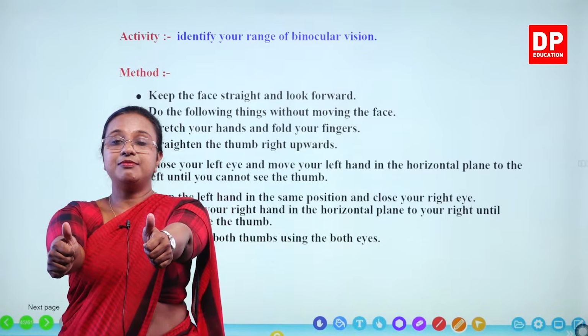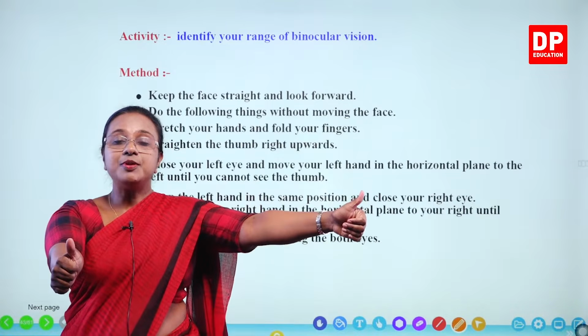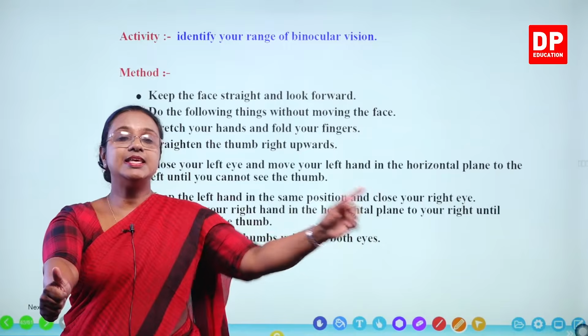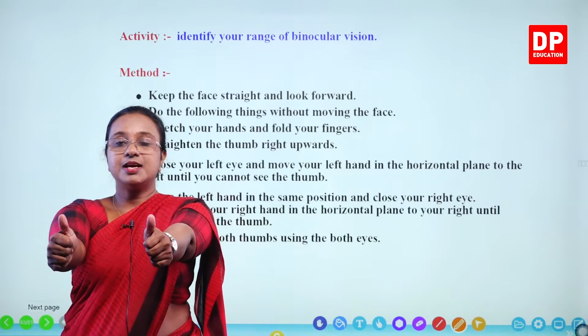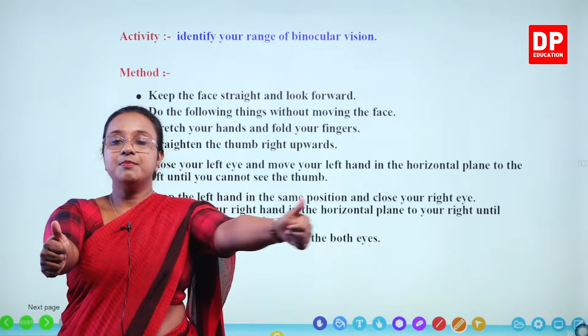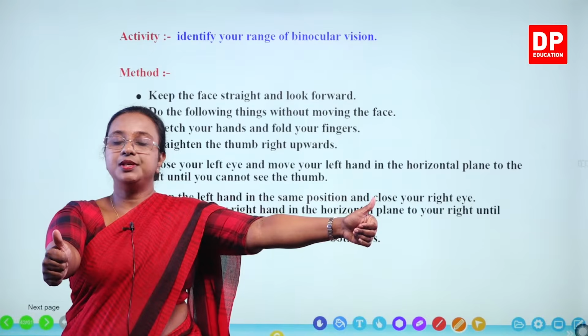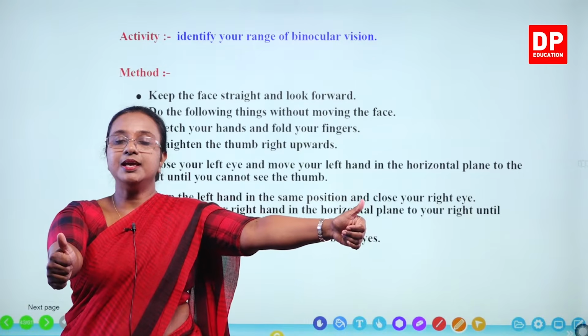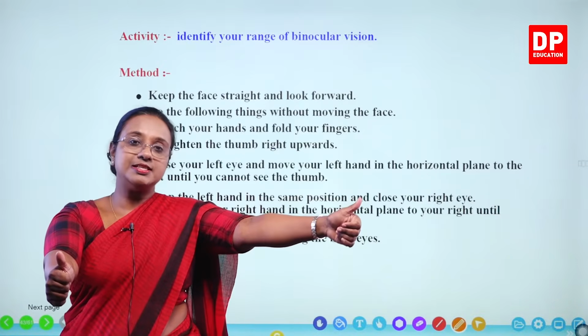I close my left eye. I have to move my left hand up to the point where I can see it with my right eye. I close my left eye, I move the hand, but you shouldn't move your face. Now somewhere up to here, I can see it with my right eye. So that is the range on this side.